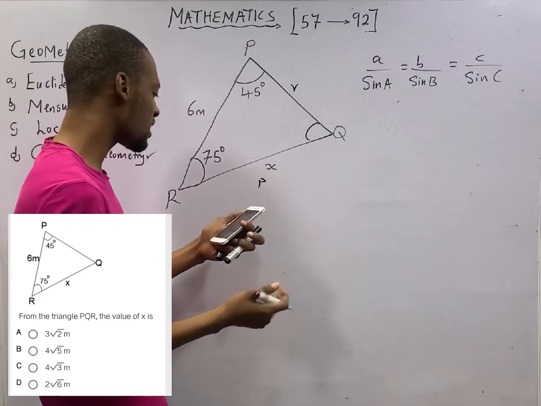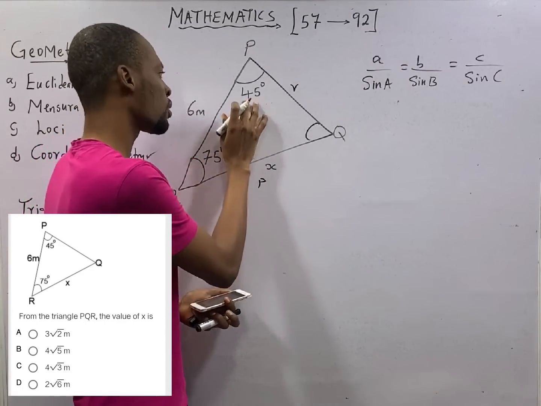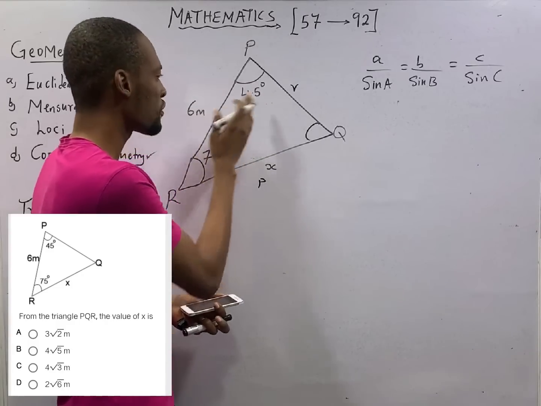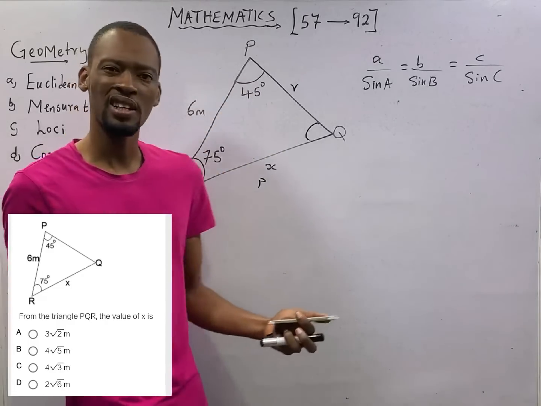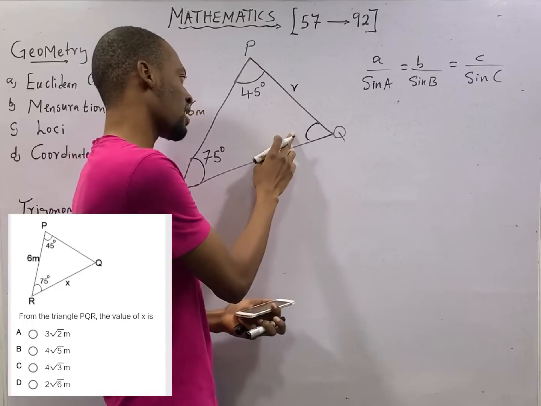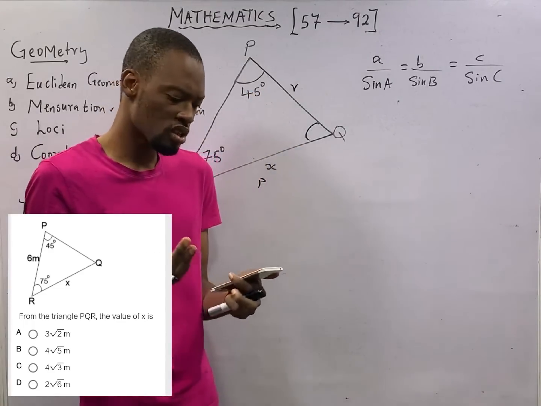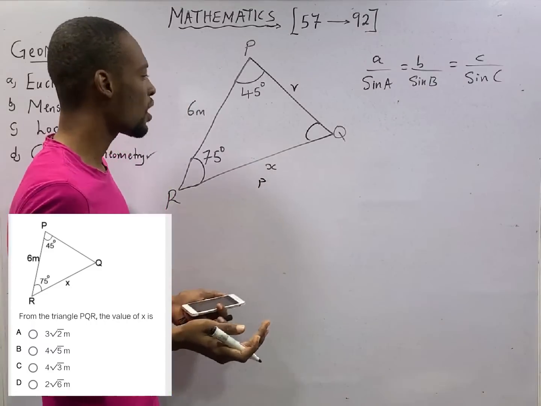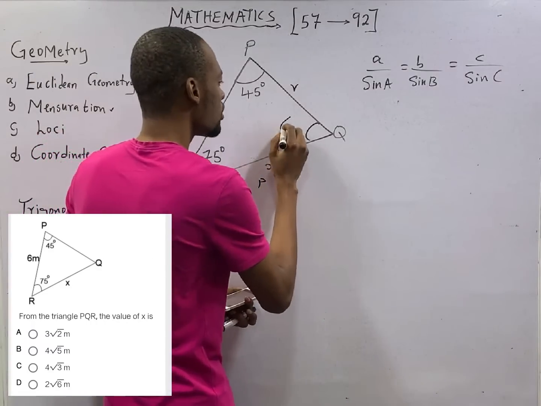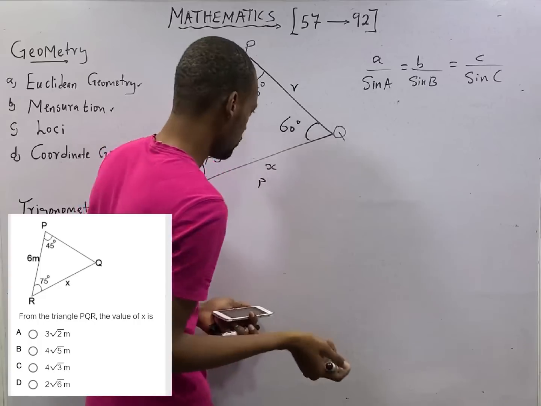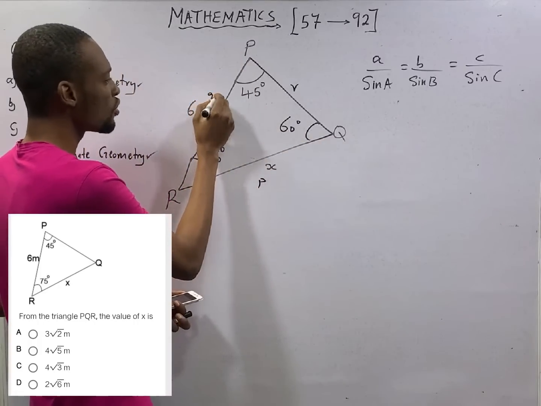Since we have two angles, 75 degrees plus 45 degrees, if you subtract these two from 180 degrees, we will get this angle. This plus this is 120 degrees, minus 180, will give you 60 degrees. So this side will be small q.